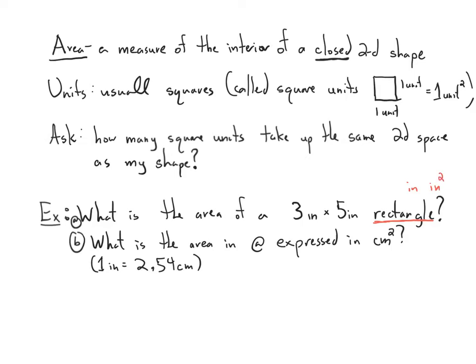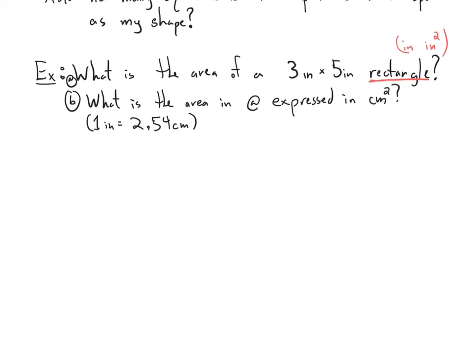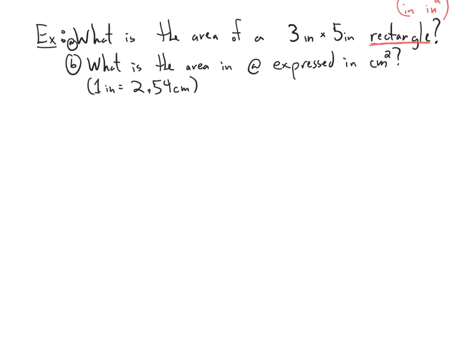So the unit is going to be square inches. Little squares that are 1 inch by 1 inch. So let me scroll, make a little bit of room. Part B will get us to change the unit to square centimeters, and we don't have to do anything particularly hard. We, in some sense, already know how to do part B.